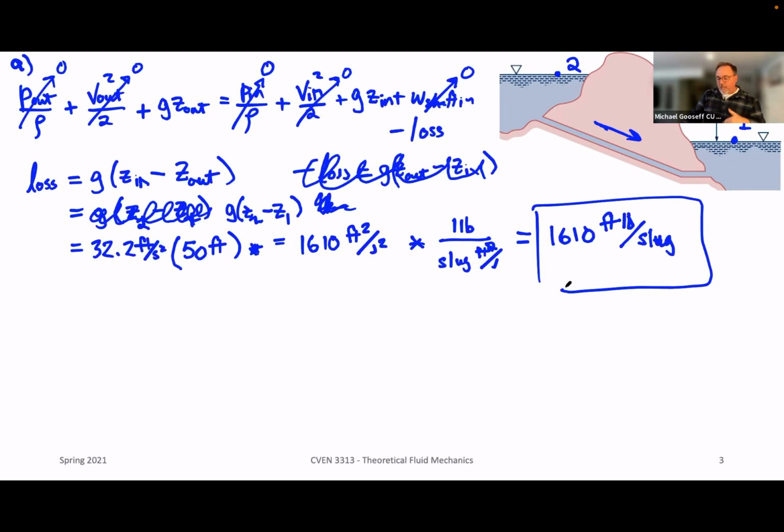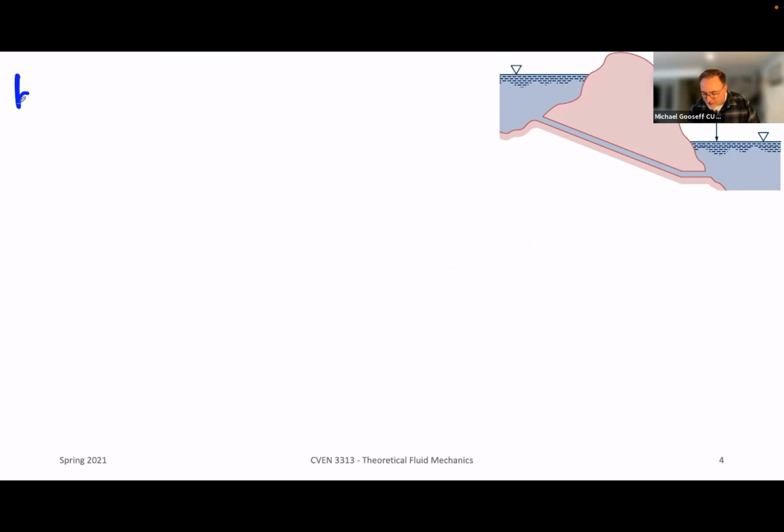Now in part B, we want to reuse this equation with the information that says that now my minus loss is minus 1610, okay, for working this out. All right, are we okay to go to the next slide? All right, next slide then. For part B, now I can get this worked out.